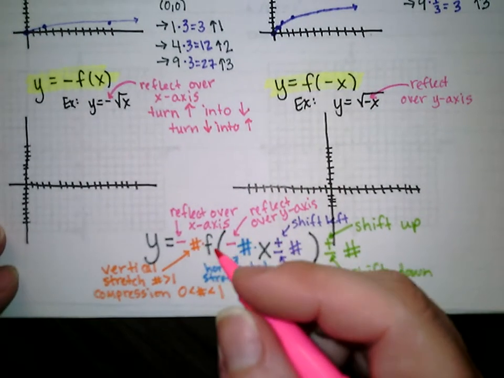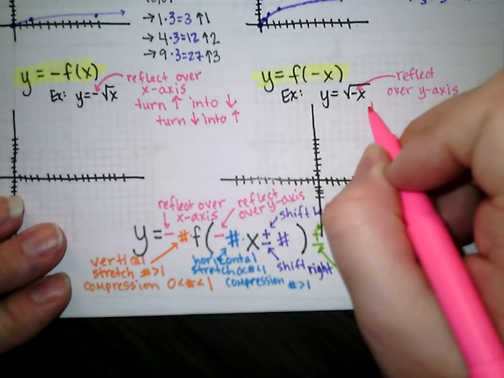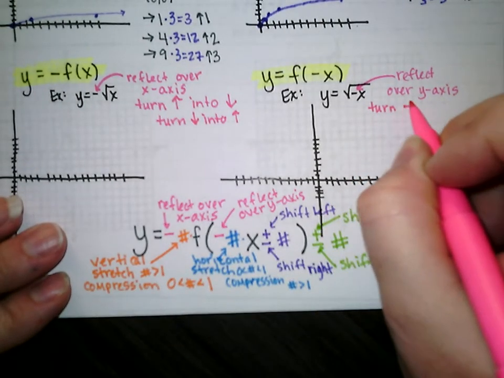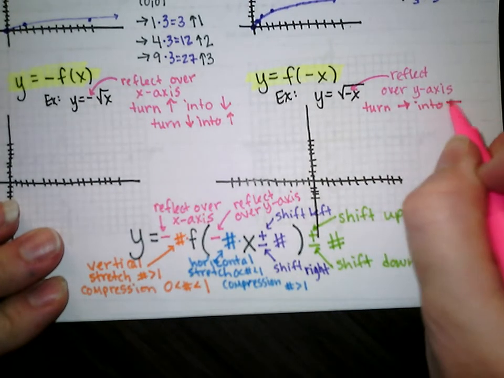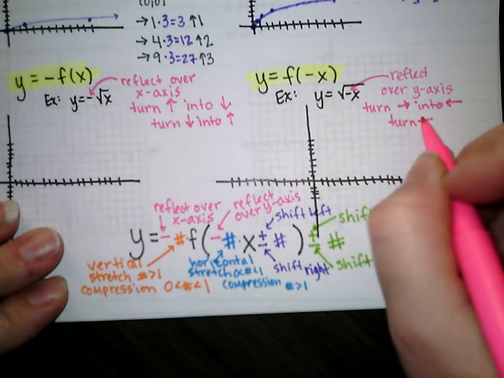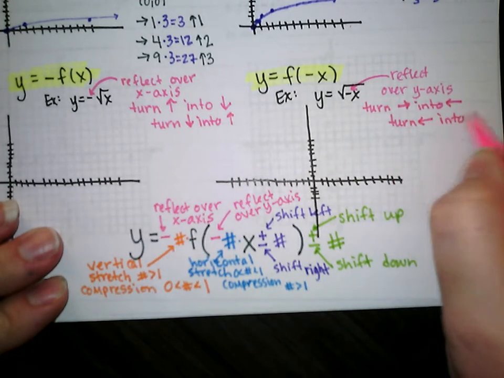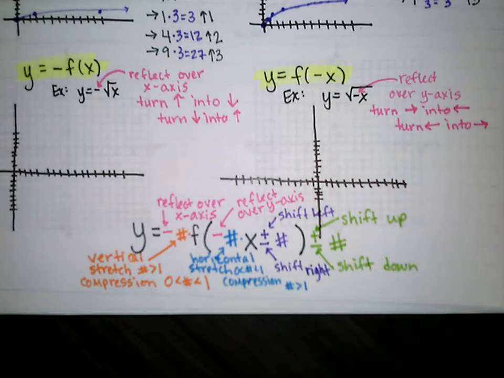It just flips everything upside down. When we're reflecting over the y-axis, it's going to turn your over to the rights into over to the lefts, and vice versa. If you have any over to the left, it's going to turn those into over to the right. So you're just flipping the direction left and right.